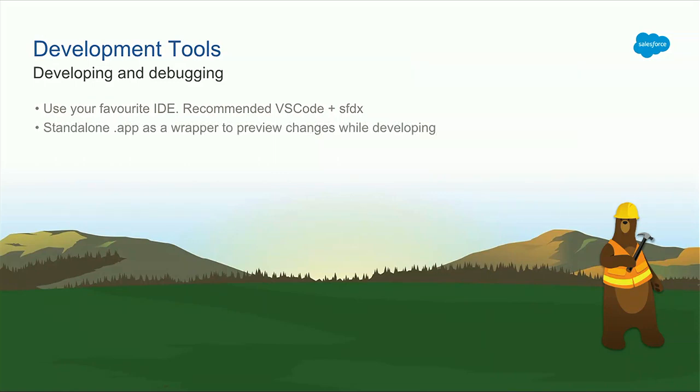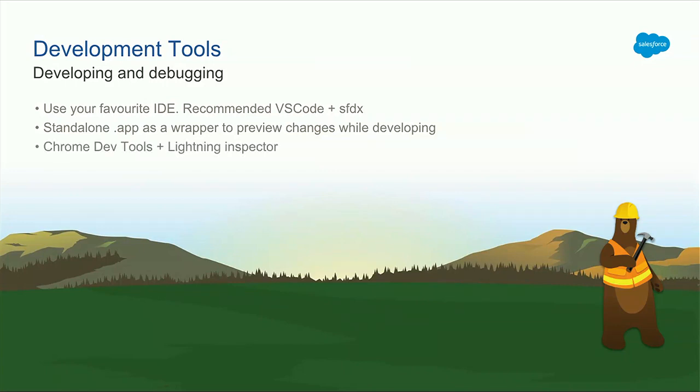A really good trick is to use a Lightning resource as a wrapper called a standalone app. This is because standalone apps are URL addressable. In this way, you will be able to go to the browser and quickly type the address of your application and see the modification performed.